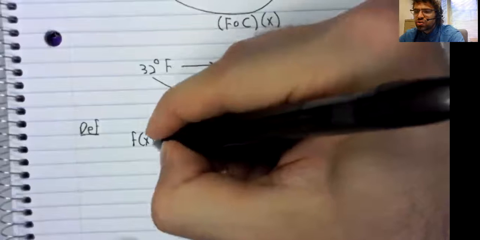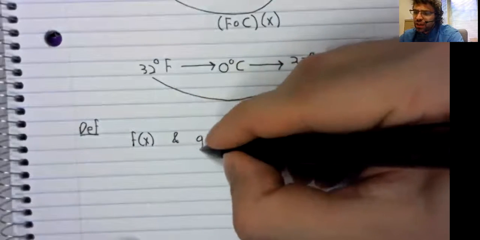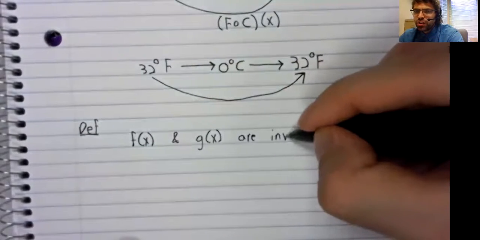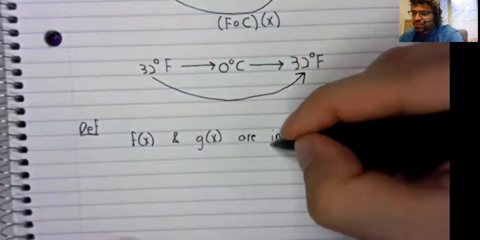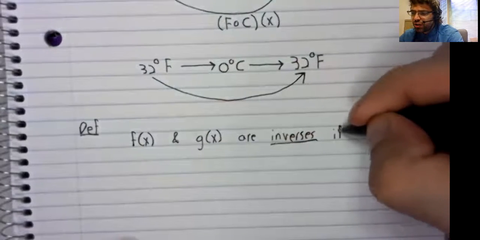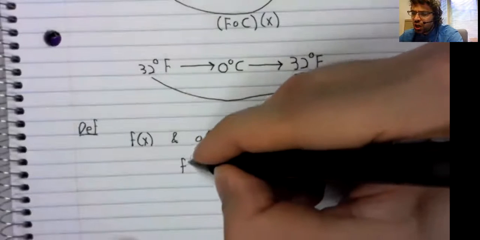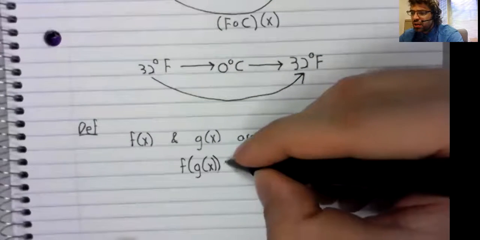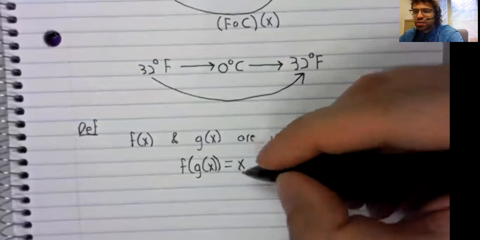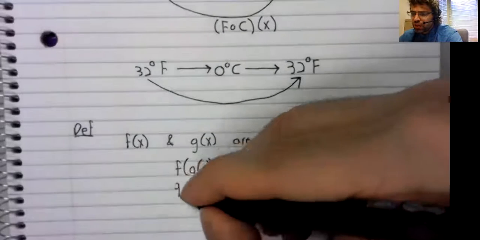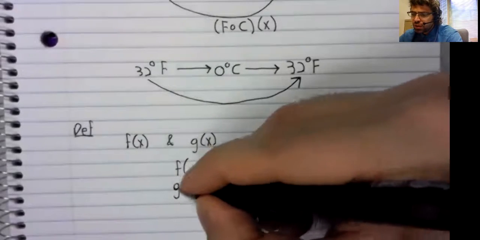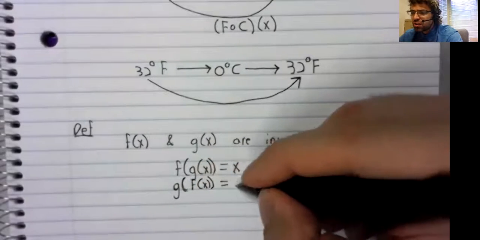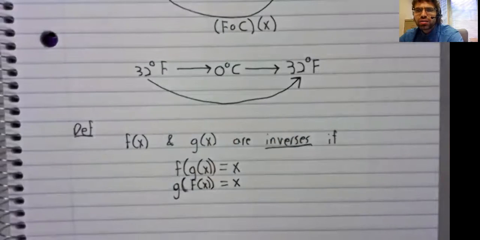f of x and g of x are inverses if their compositions undo one another. f composed with g of x equals x, and g composed with f of x equals x.